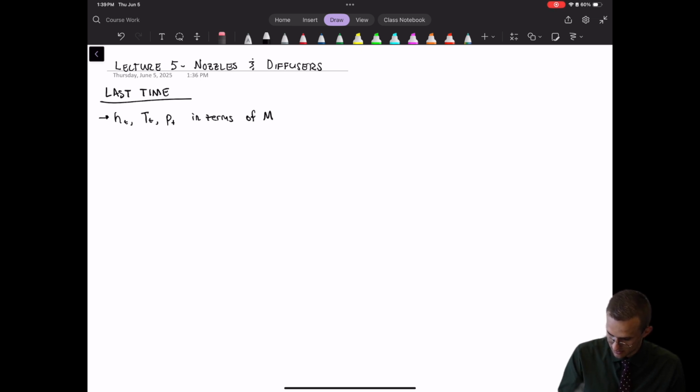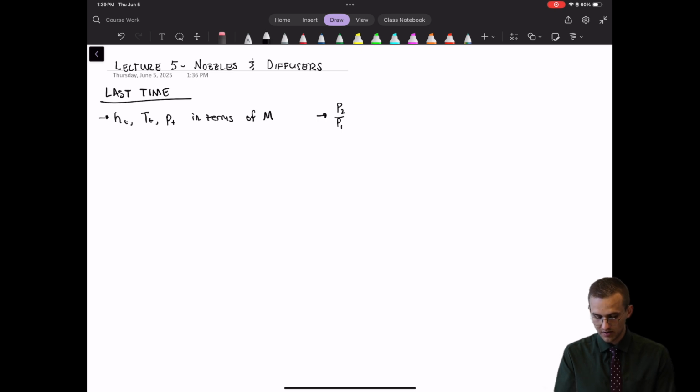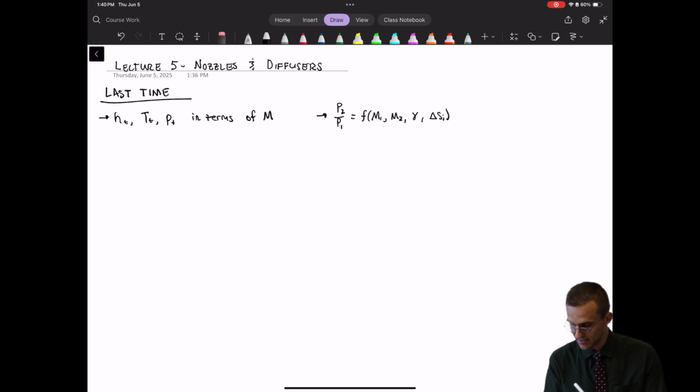We came up with the so-called working equations, things like ratios of the properties between two different points in a system, where these were just functions of the Mach numbers at those two locations, the ratio of specific heats, and any sort of irreversible losses, delta S.